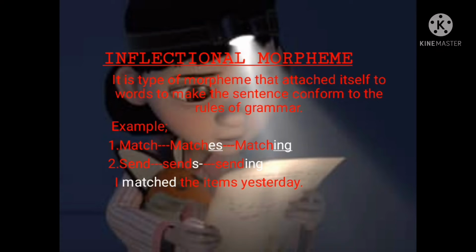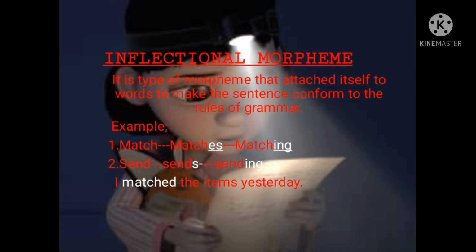Can I give an example? Yes. Okay, let me give you two examples so that you give me the rest. We have match. Match is what? A free morpheme, right? Very good.